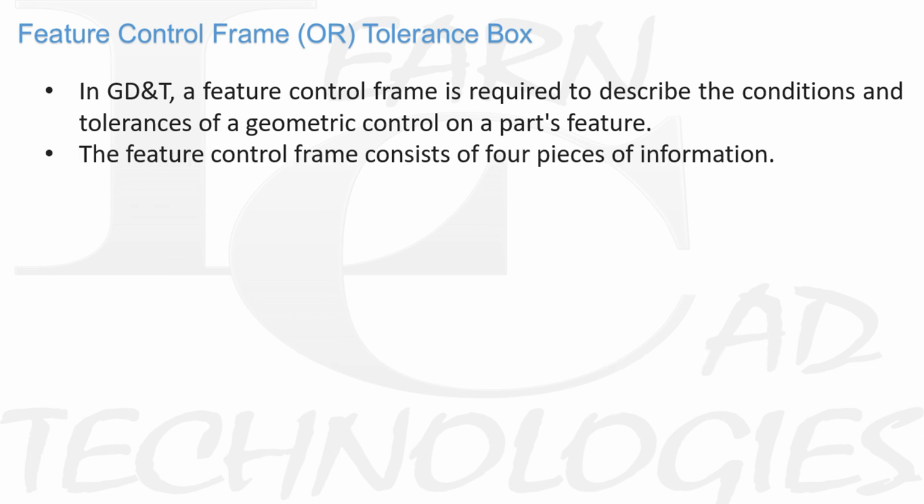The tolerance box consists of four main parts: one is geometrical characteristics, another is tolerancing zone, another is material condition, and the last one is datum. In it, we mention GDT symbols or control symbols to specify what the particular part feature needs.